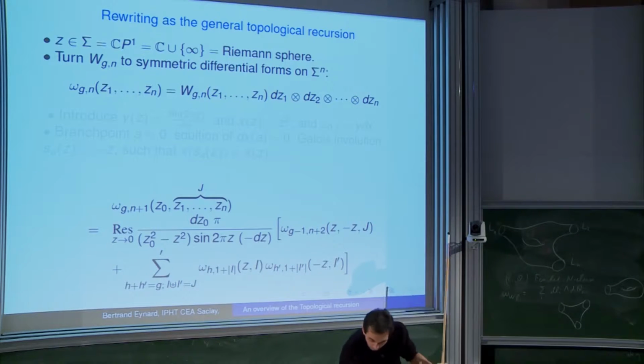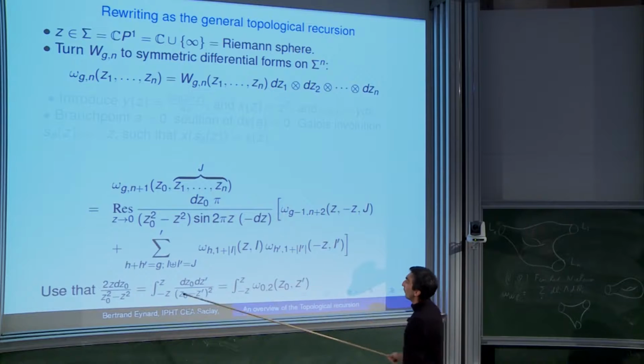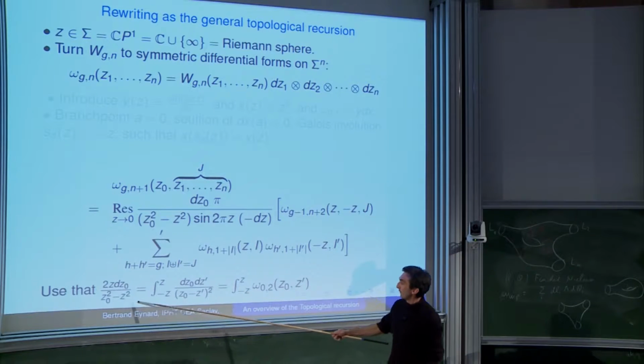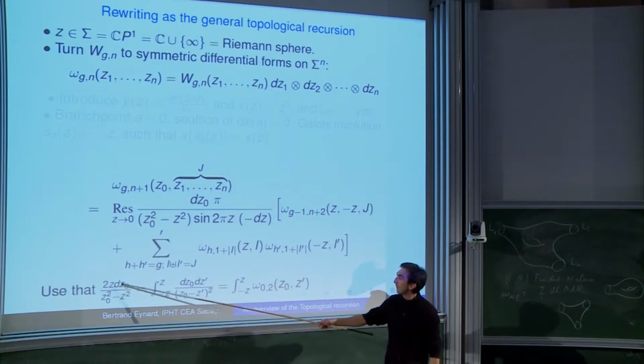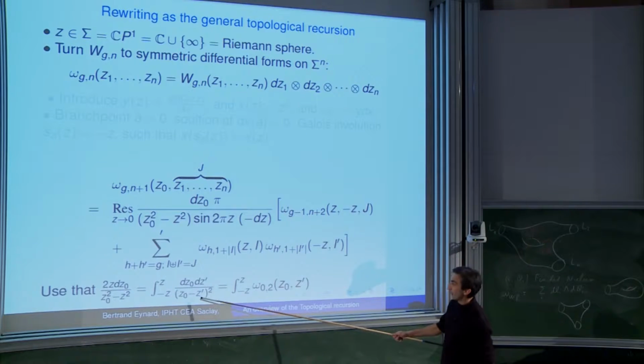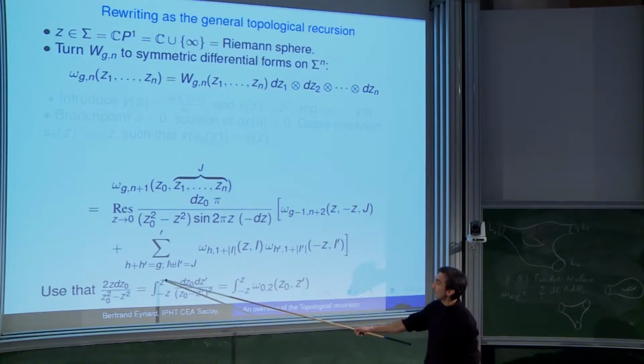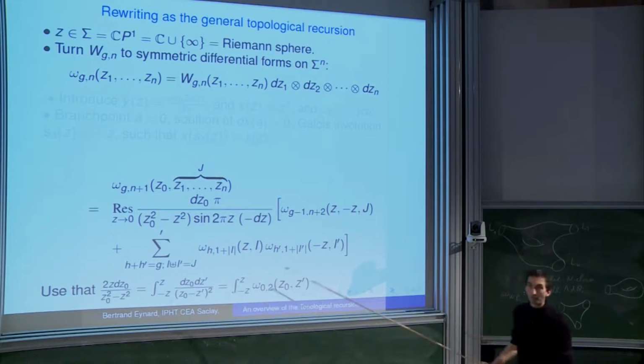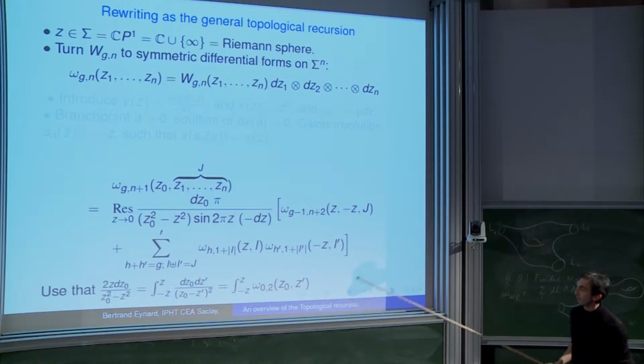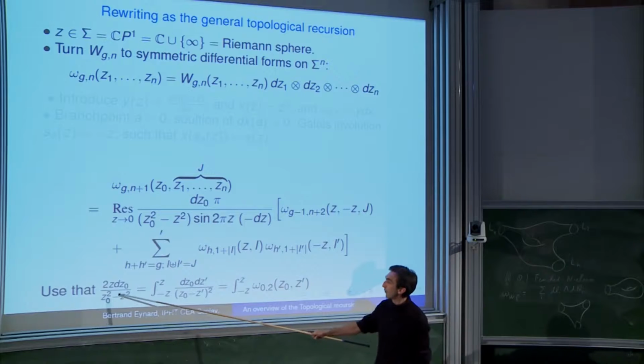Well, just observe the following thing. 1 over z0 square minus z square, well, multiply it by 2z dz0. Then you observe that this is the integral from minus z to z of that double pole. Well, I mean, you have a simple pole at z equals z0 and a simple pole at z equals minus z0.